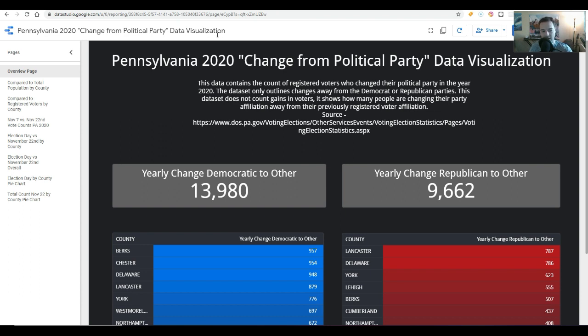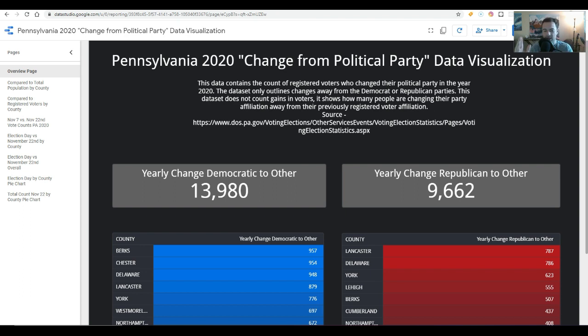The main page we're looking at right now has a sheet showing the change in party affiliation. These are voters that left one party or the other. If you went in and said, I'm changing from Democrat to Republican, or from Republican to Democrat, it shows who left. It doesn't show where they went, or what party they joined, but it shows what party they left.